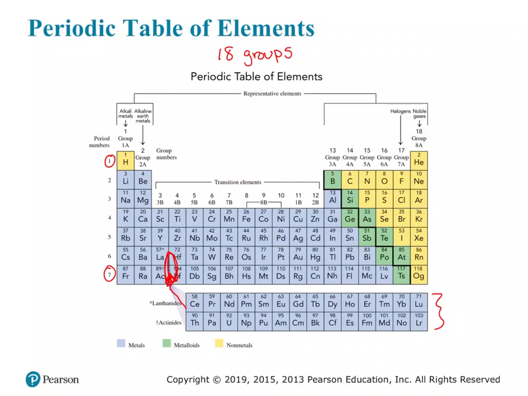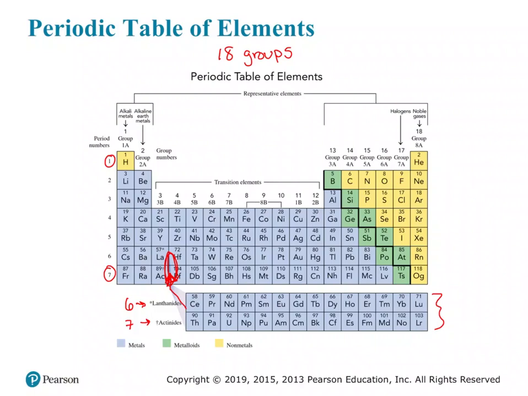So instead, we've moved the two rows down into their own separate little area. So we have the lanthanides, which are supposed to be in row 6, and the actinides, which are supposed to be in row 7.